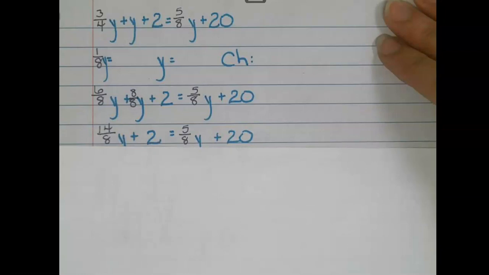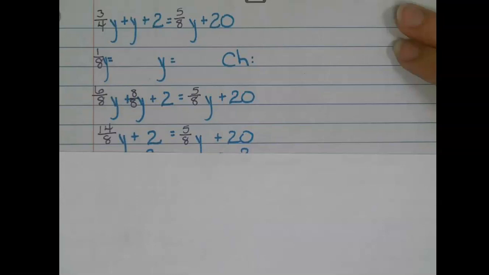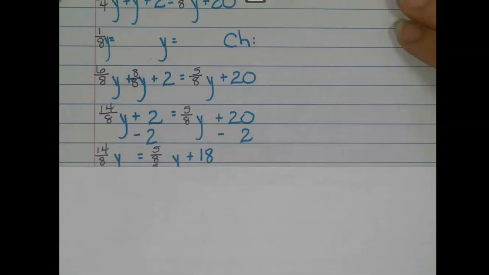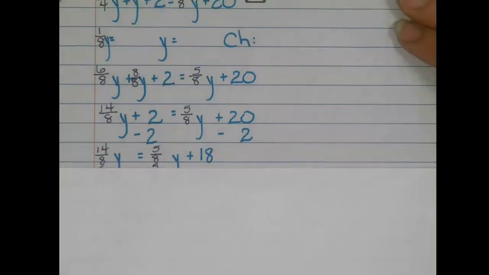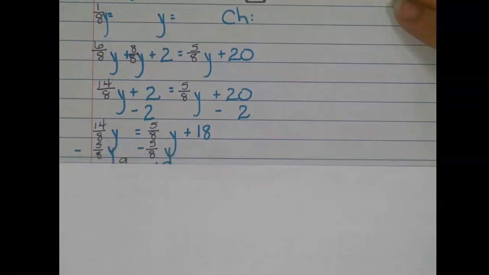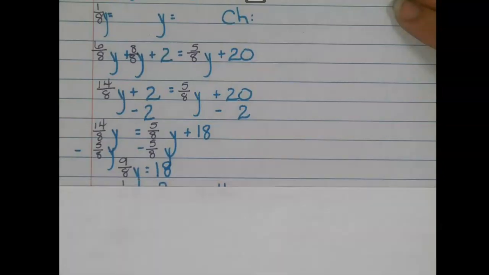So when I combine my like terms, I get 14/8 of y plus 2 equals 5/8 of y plus 20. So I will take 2 away from both sides, leaving me with 14/8 of y equals 5/8 of y plus 18. Now I will take 5/8 of y away from both sides, and I get 9/8 of y equals 18.